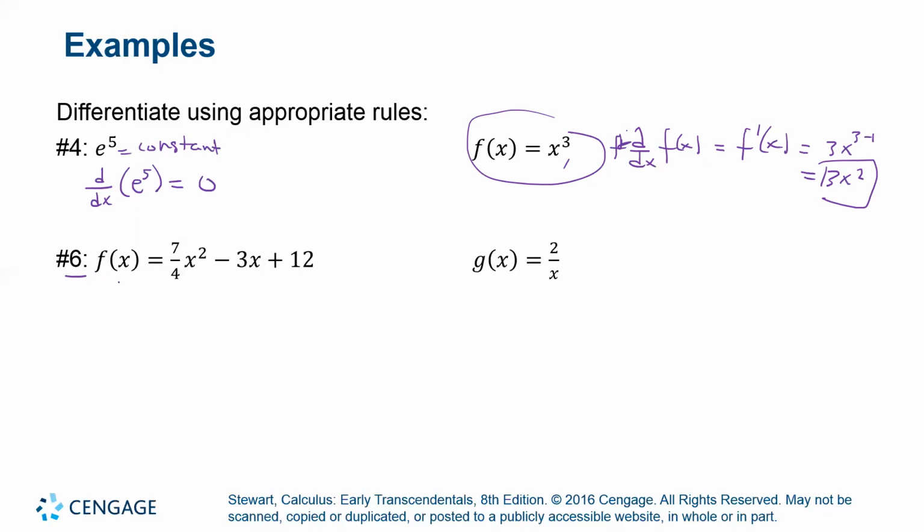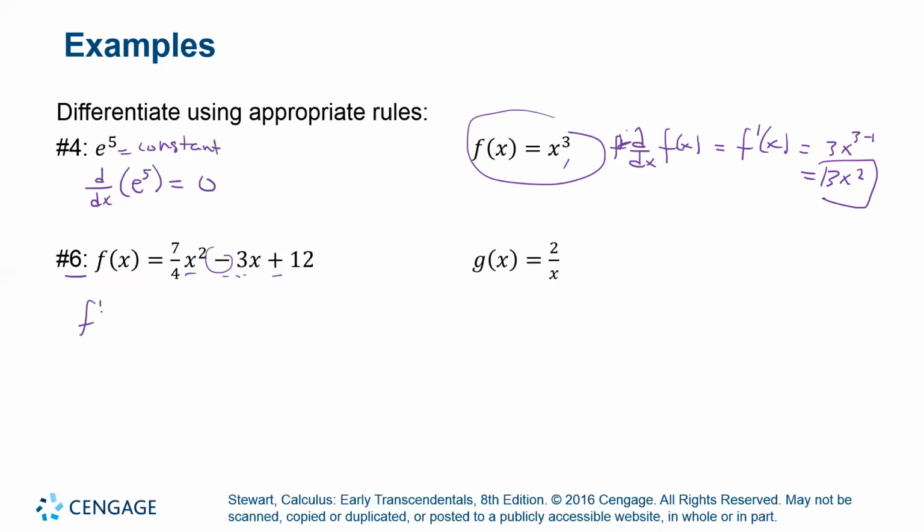Now, this is exercise number 6. The next one, if you want to differentiate, this is a trinomial, so it has 3 terms there. So we are going to use the sum and the difference, because between the first two, that's a minus, so that's a difference, and that's the sum.